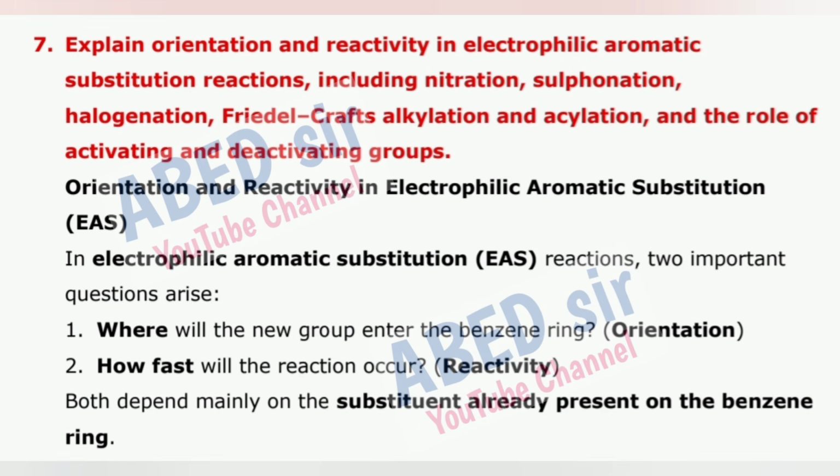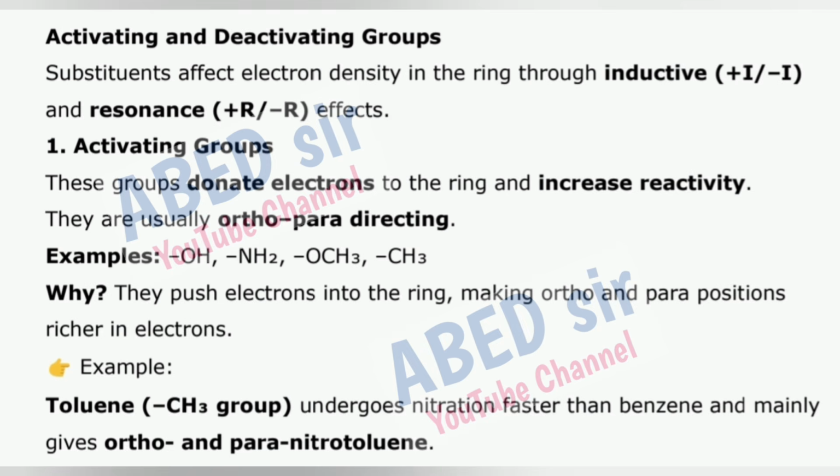In EAS reactions, two important questions arise. 1. Where will the new group enter the benzene ring? Orientation. 2. How fast will the reaction occur? Reactivity. Both depend mainly on the substituent already present on the benzene ring.